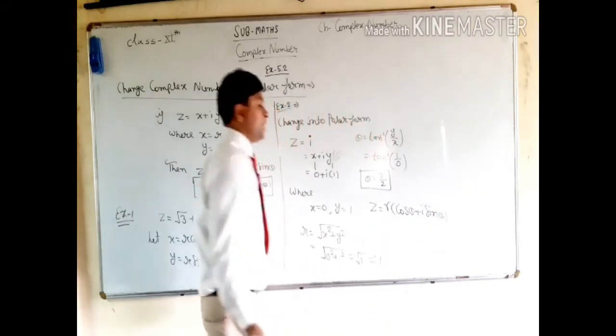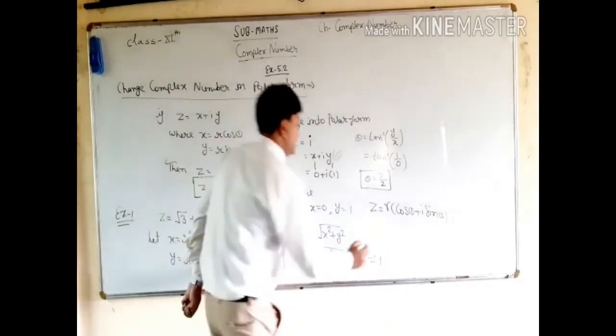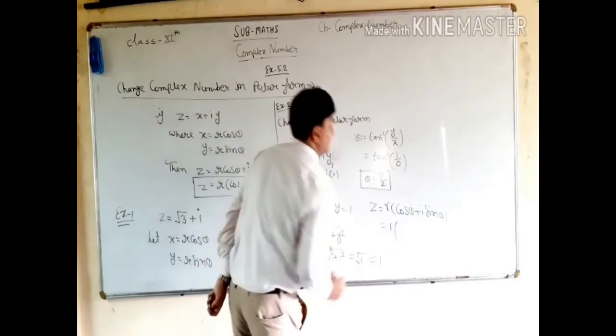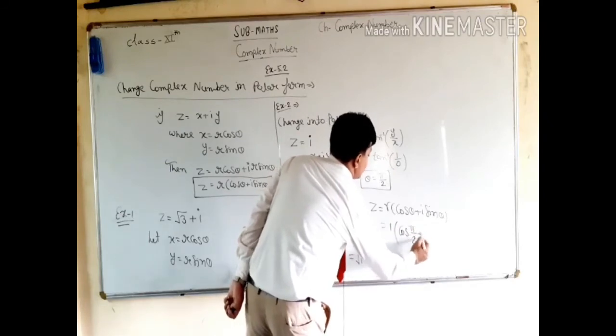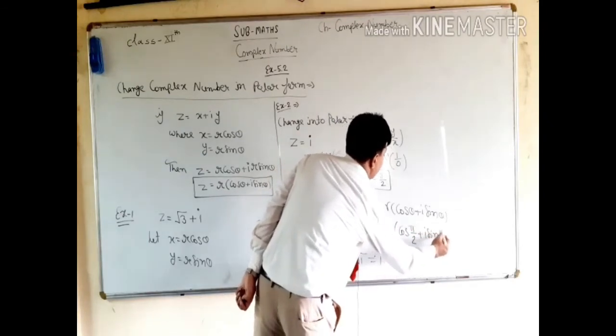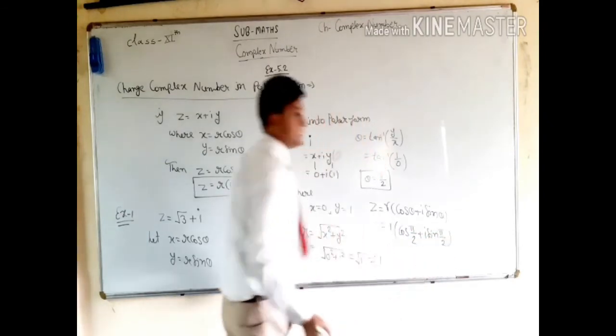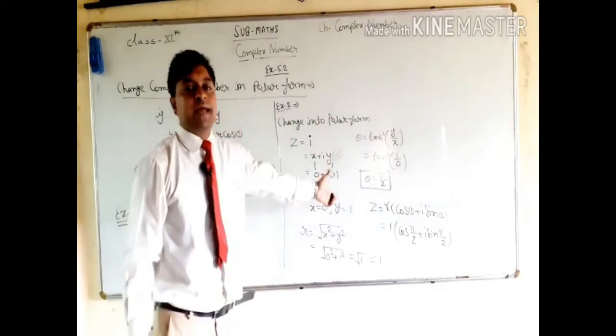Put the value of r and theta. The r is 1 and the theta is pi by 2, so cos pi by 2 plus iota sin pi by 2. This is the polar form of the complex number.